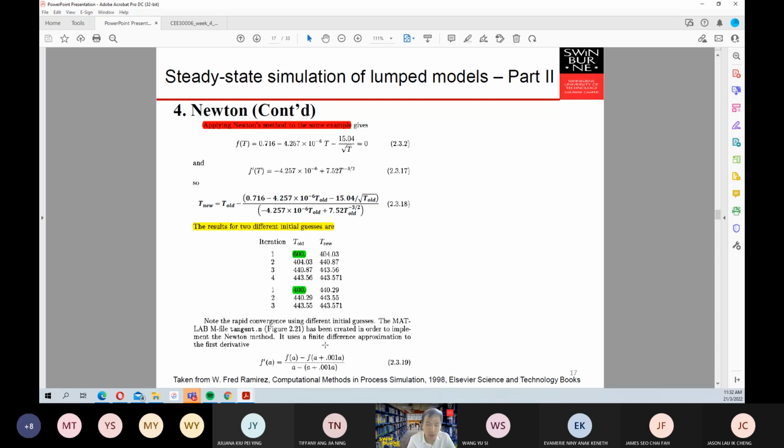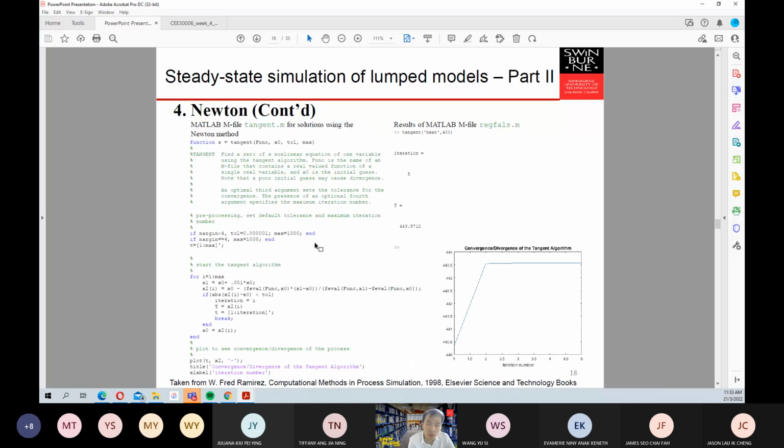Here we have a MATLAB code called tanh_m. The way it works is about the same as the regula falsi. You need a function, and you need the initial value of the independent variable that will make your function equal to 0. This is the initial value, and then you assume you have the tolerance and the maximum number of iterations.